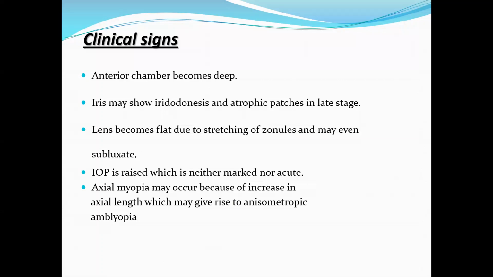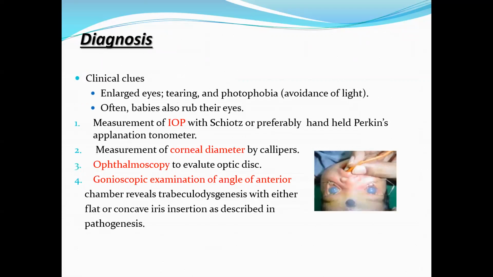Signs: the anterior chamber becomes deep. Iris may show iridodonesis and atrophic patches in the late stage. The lens becomes flat due to stretching of zonules and may even subluxate. Intraocular pressure is raised. Diagnosis, clinical clues: enlarged eye, tearing and photophobia.